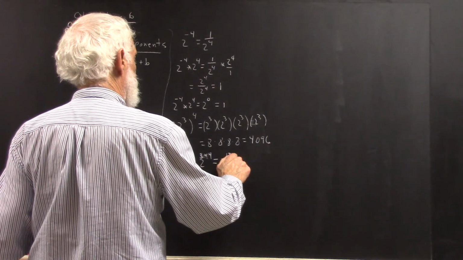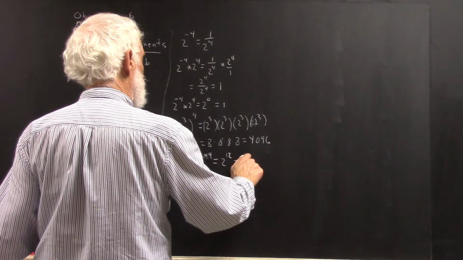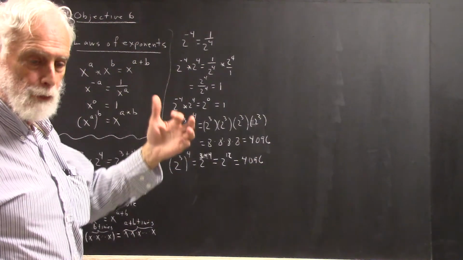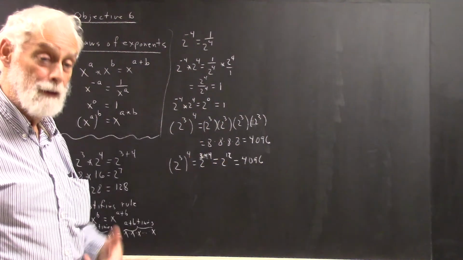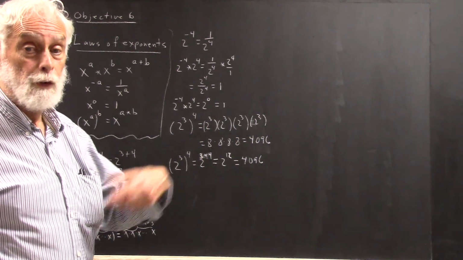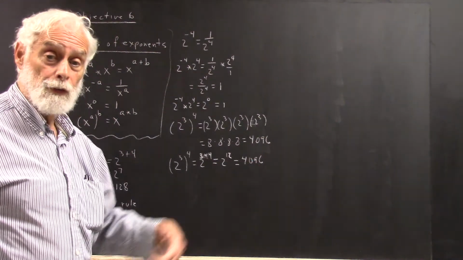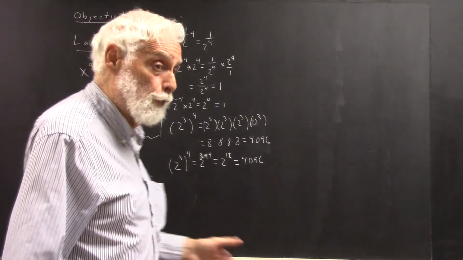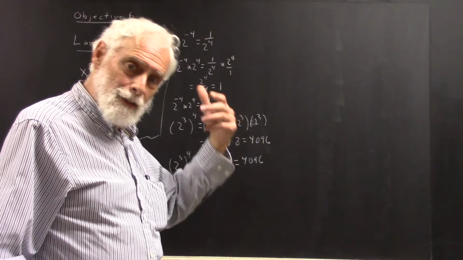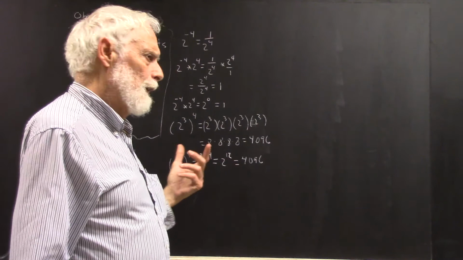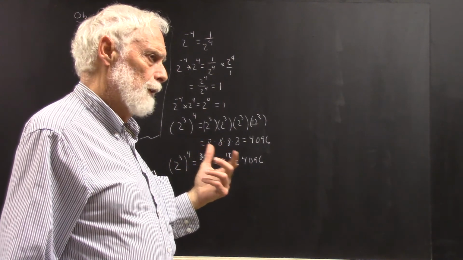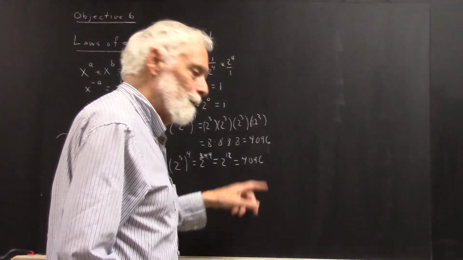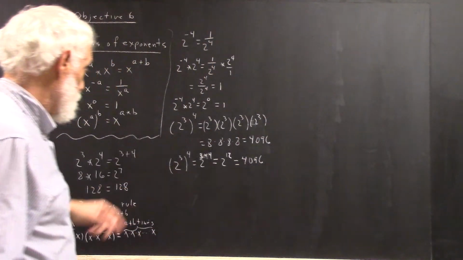And 2 to the 12th, multiply it out if you like. 4,096. 2 times 2 is 4, times 2 is 8, times 2 is 16, times 2 is 32, times 2 is 64, times 2 is 128, times 2 is 256, times 2 is 512, times 2 is 1,024, times 2 is 2,048. Multiply that by 2, you get 4,096. And that was 12 of them. Okay, you can check it out yourself.